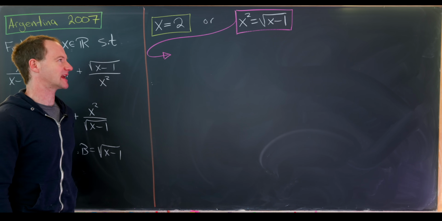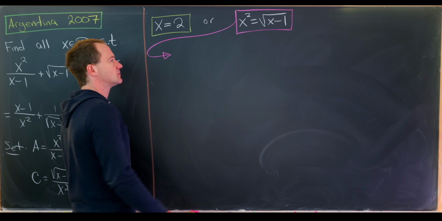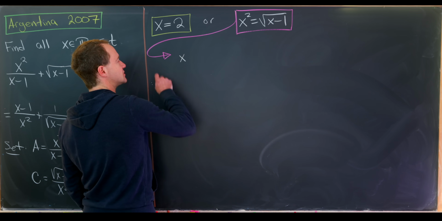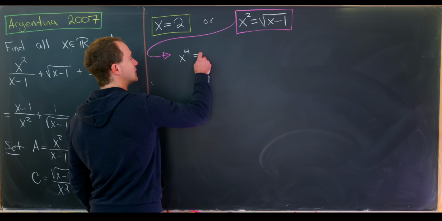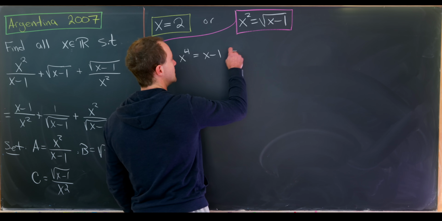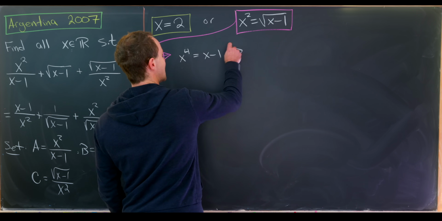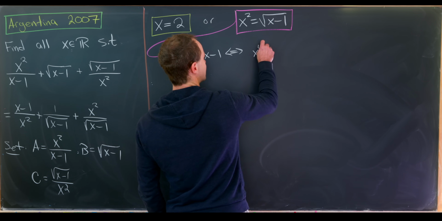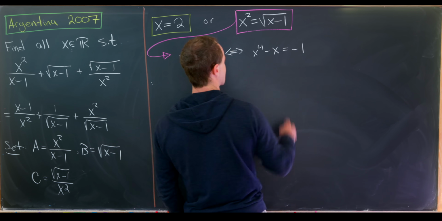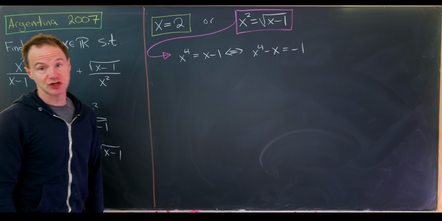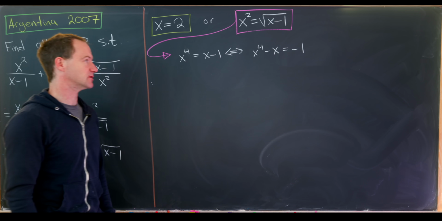So let's see if that gives us a solution. So let's notice that is equivalent to x to the 4th power is equal to x minus 1, which is the same thing as saying x to the 4th minus x is equal to -1. And now we'll show that that is indeed impossible.